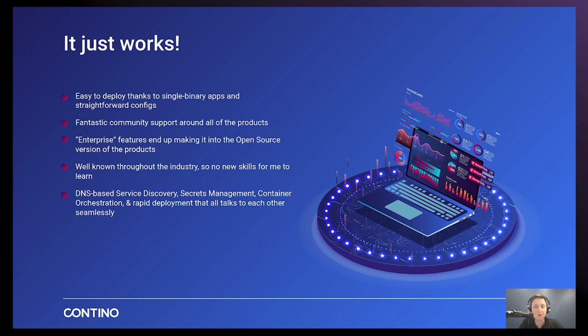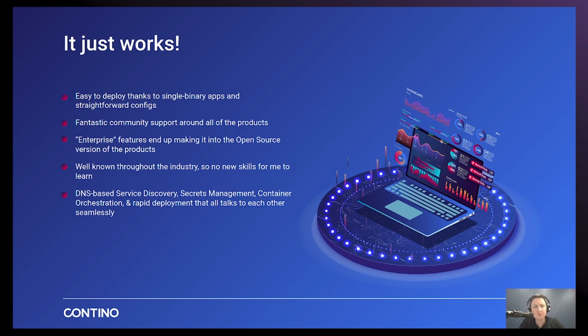Getting them to run with reduced privileges is also easy. There's a fantastic community support around the products. Quite often, and especially with Consul, though with Vault we're seeing it more and more, what were previously enterprise features are starting to make their way into the open source product, which is fantastic.